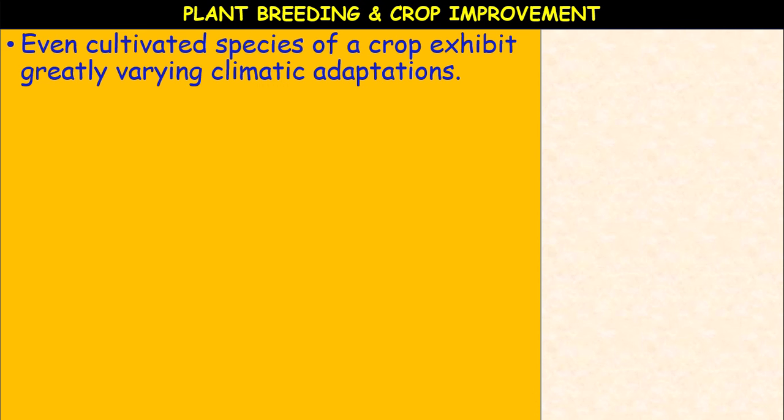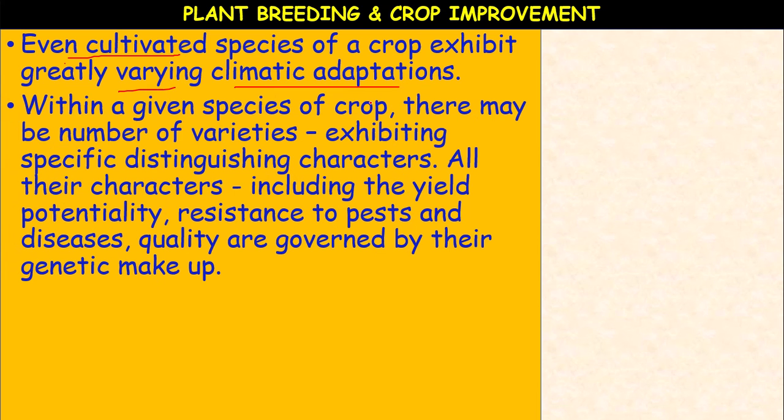Even the cultivated species of a crop exhibit greatly varying climatic adaptations. Native varieties, wild varieties, are very much resistant to changes in the climate. Within a given species of crop, there may be a number of varieties exhibiting specific distinguishing characters.